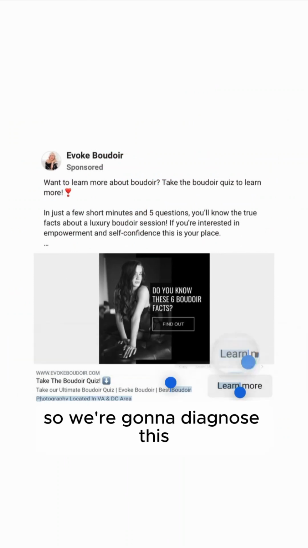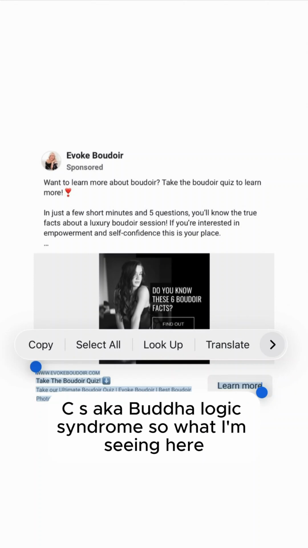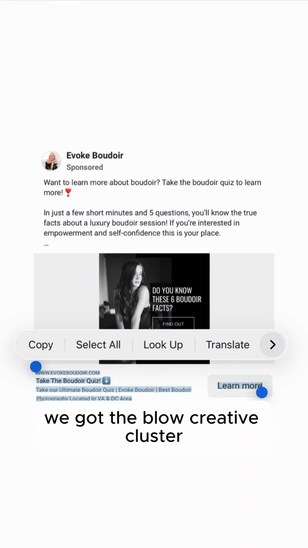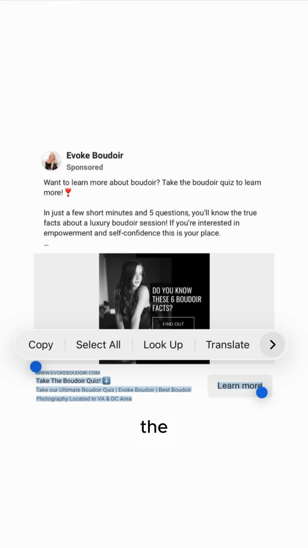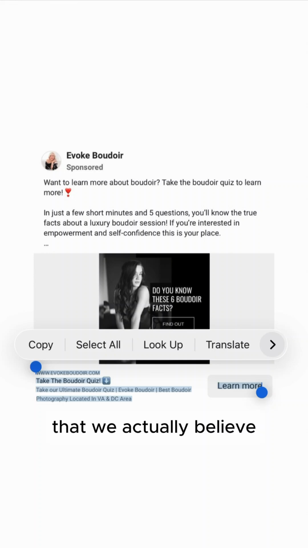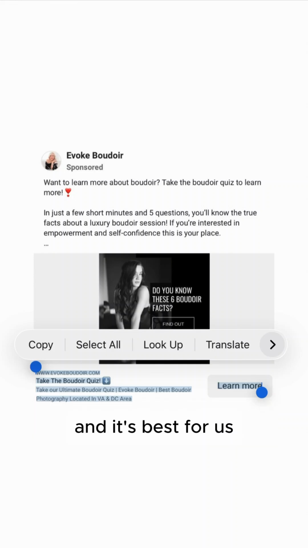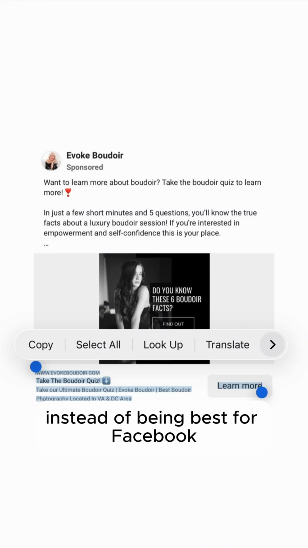So we're going to diagnose this, see if we believe it has BLCS, aka Boudoir low click syndrome. So what I'm seeing here, we got the below creative cluster mistake. The false belief that causes us to make this mistake is that we're trusting that what Facebook says we should fill out for our ads is what we actually should fill out, and it's best for us instead of being best for Facebook.